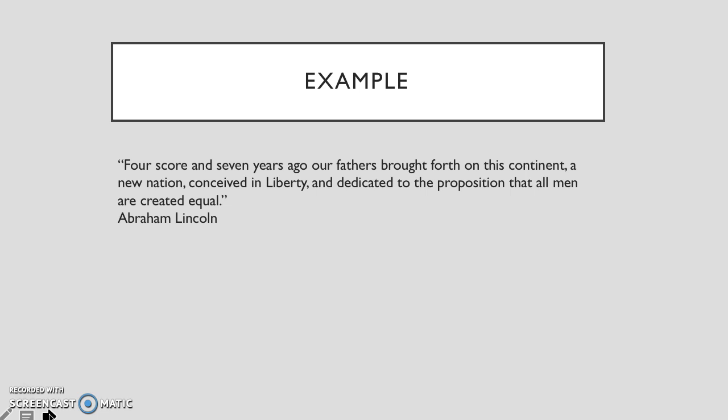But I'm using this as an example because, looking at this, suppose I paraphrased it. Score means 20 years. So suppose I said, "87 years ago, our ancestors created in this hemisphere a new country, brought about in freedom and consecrated to the idea that all people are the same."